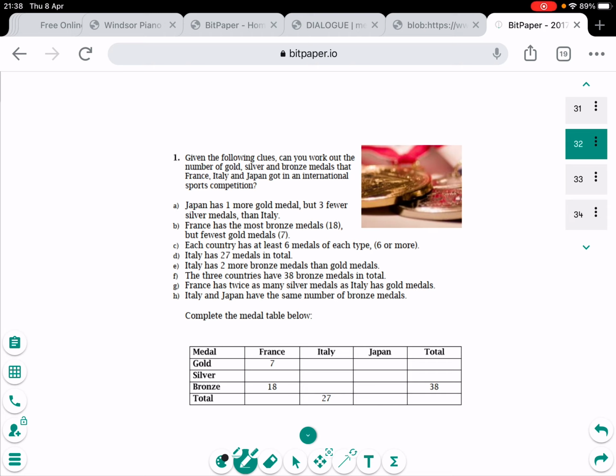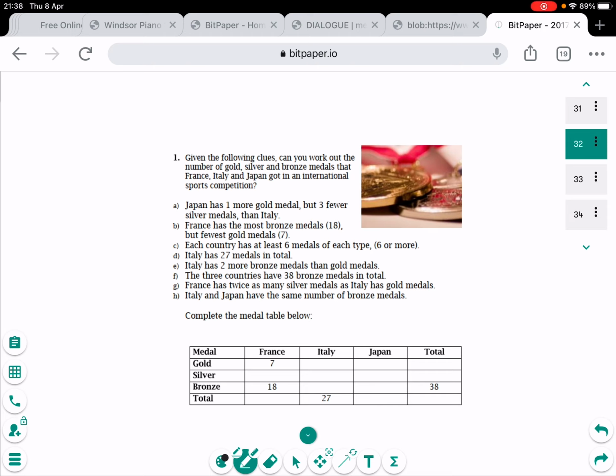For the first question of our paper, it's a logic question, I think. So you need to get information from all this.